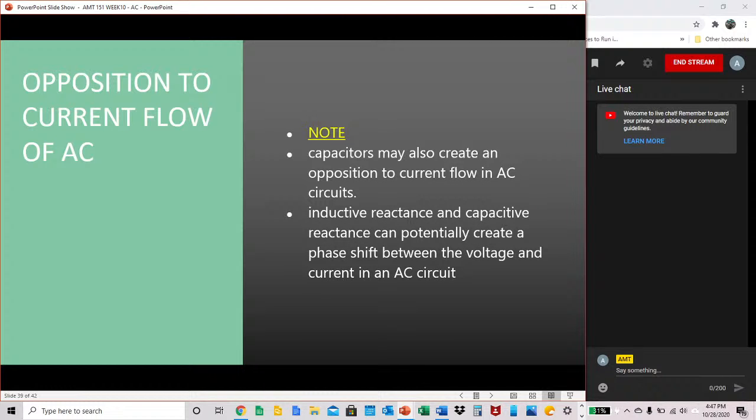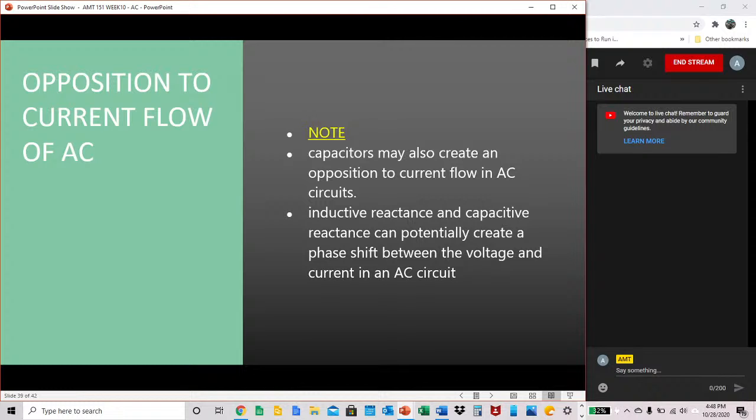Note, capacitors may also create an opposition to current flow in AC circuits. So the three factors that we are talking about here are the three that most influence, but just know that capacitors have the potential to create opposition to the current flow as well. And inductive reactance and capacitive reactance can potentially create a phase shift between the voltage and current in AC circuits.